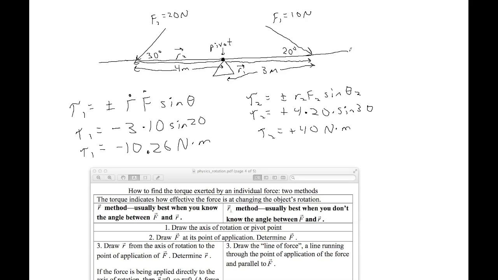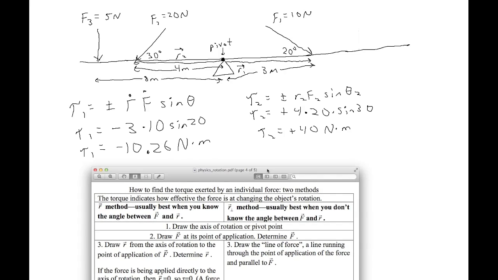So now let me give you this example. Let's say we've got this. And let's figure out torque 3.